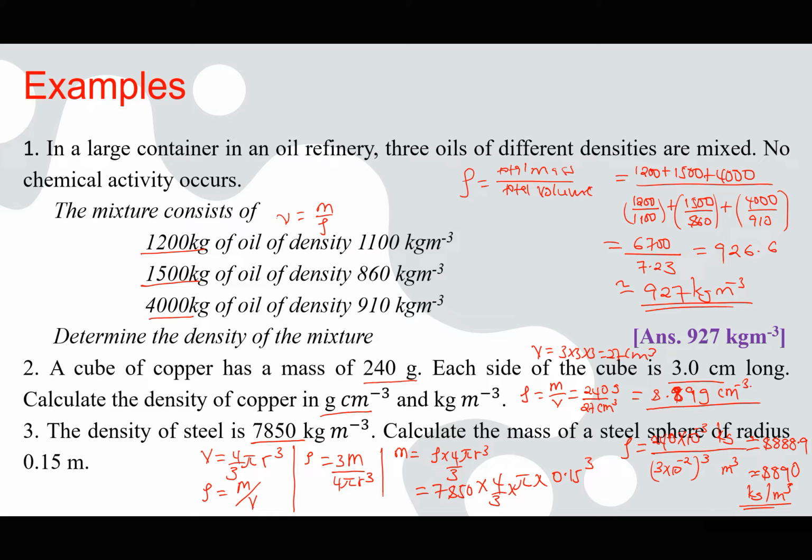So I'll check my calculator. 7850 times 4 divided by 3 times pi times 0.15 cubed.